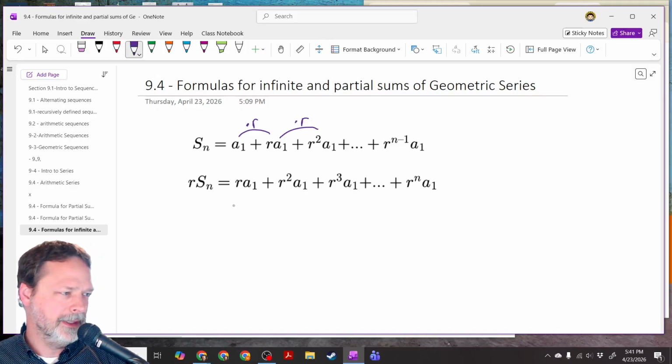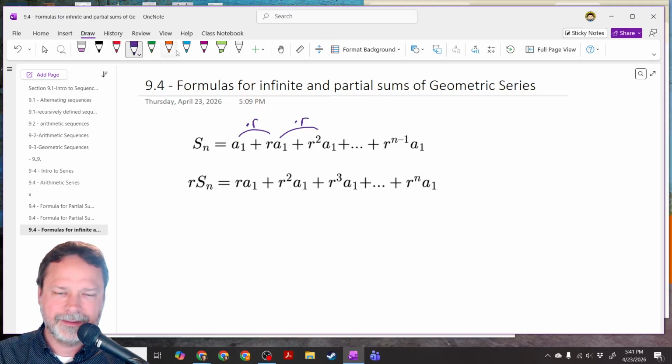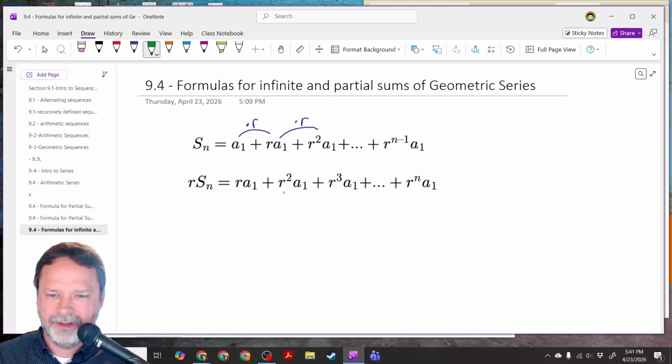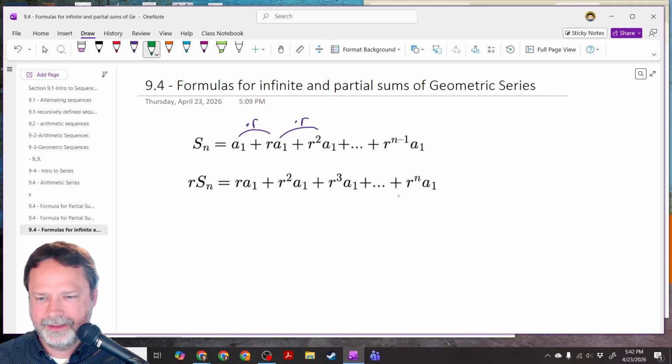What we want to do then, and this is kind of a magic trick, kind of like with the arithmetic sequences, where we had a little magic trick, like, oh, let's just rewrite it backwards. In this one, what we're going to do is multiply times the common ratio to get a new expression. And we'll get r times S sub n is going to equal r times a sub 1 plus r squared times a sub 1, and so on and so forth, which is still a geometric sequence.